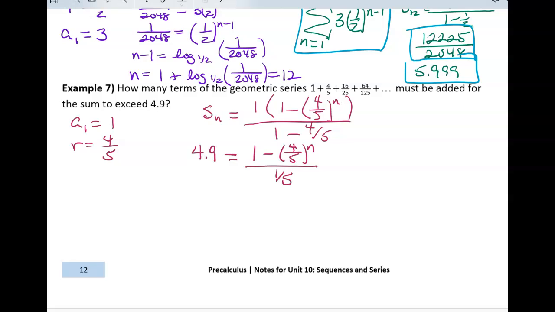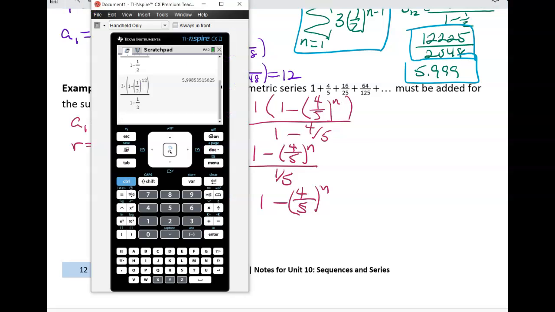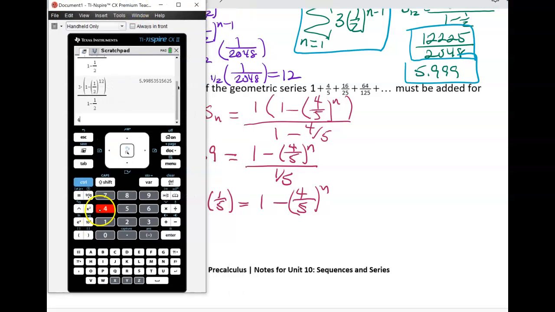Now we can clear the fraction by multiplying by 1/5. So 4.9 times 1/5 is equal to 1 minus 4/5 raised to the n power. Let's figure out what 4.9 times 1/5 is. It is 0.98.